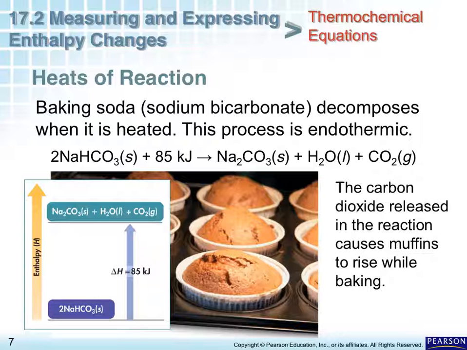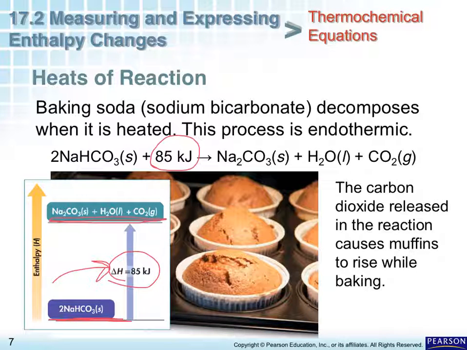For an endothermic reaction, we get exactly the opposite. Here we can either write that the 85 kilojoules of energy is added as a reactant, or we can say that the change in enthalpy is a positive 85 kilojoules. So with the sodium bicarbonate, the baking soda, the reactants have this much energy, whereas the products have a higher amount of energy because the energy was put in, because it's an endothermic reaction.